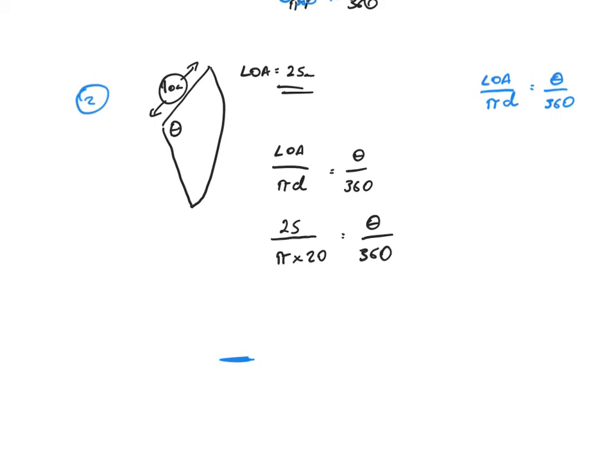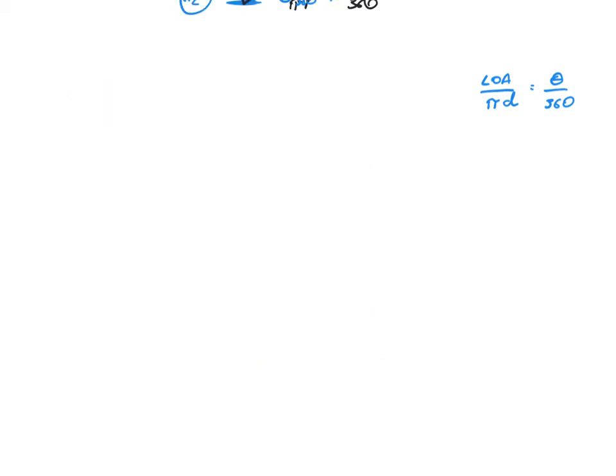I'm now going to bring that 360 up and multiply. So it's been divided just now. So divide by 360, bring it up and multiply, and that will be theta equals 25 over pi times 20, multiplied by 360, and that's 143.2 degrees. Okay, let's try another.